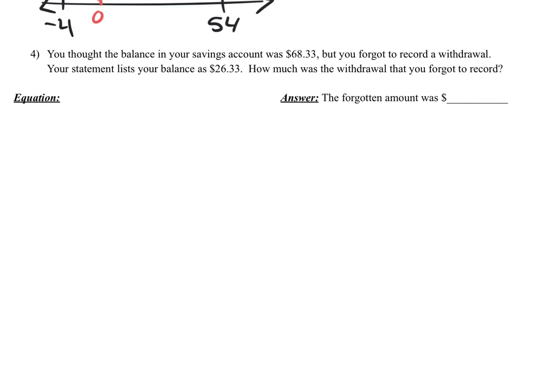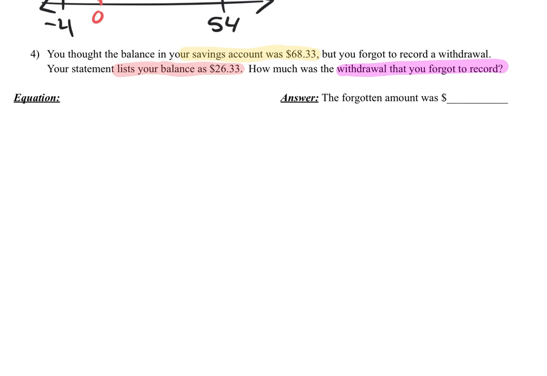All right, last guy. You thought the balance in your savings account was $68.33, but you forgot to record a withdrawal. Your statement lists your balance as $26.33. How much was the withdrawal that you forgot to record? Yeah. So what can we do with what we know versus what we need to figure out?